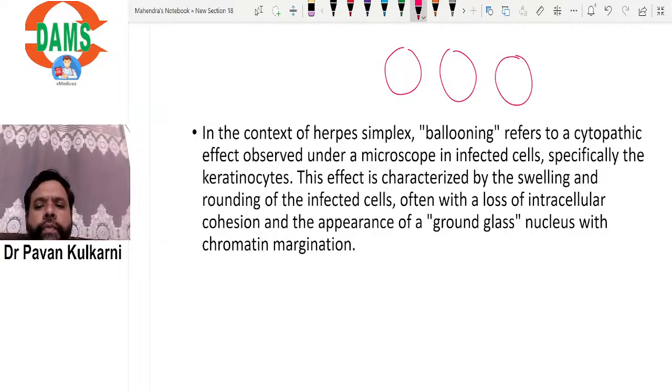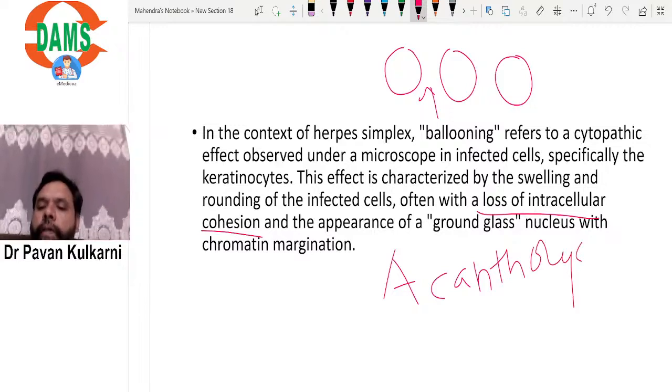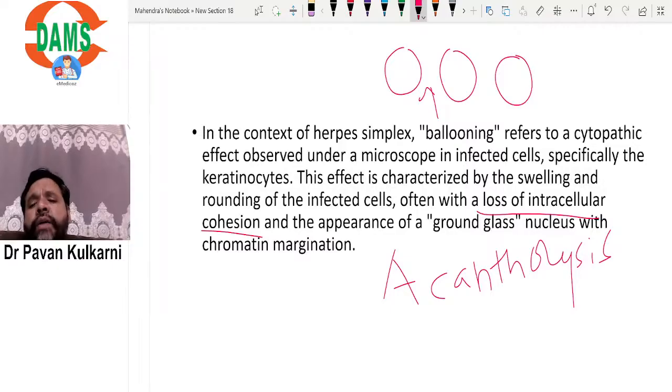So these round cells are nothing but your ballooning cells, and that loss of intercellular cohesion is called acantholysis.